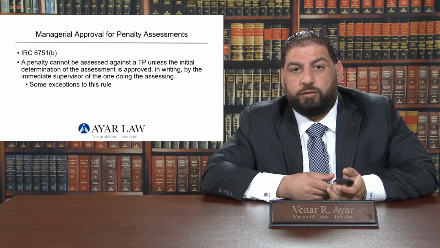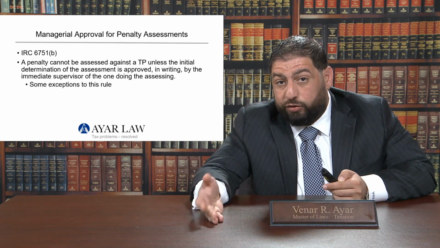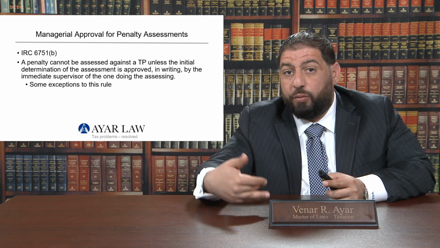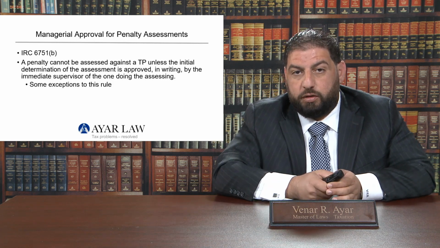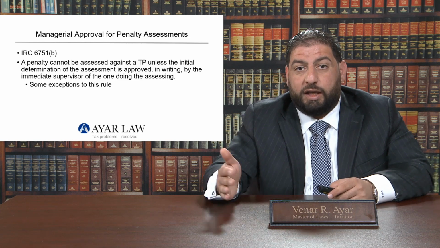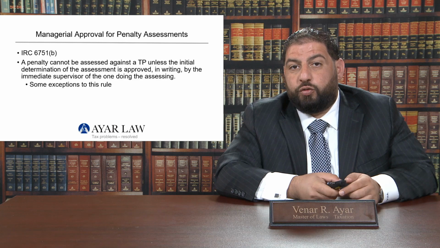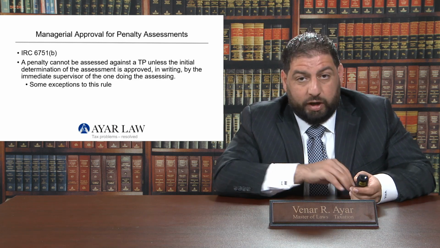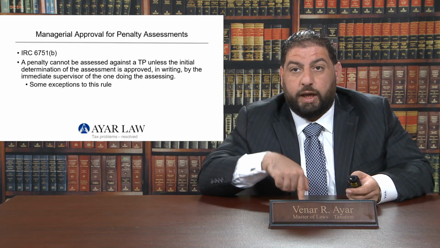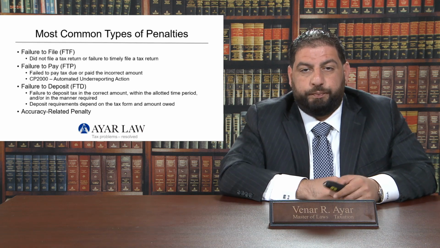Managers don't need to be involved in that, but manager approval is required for any accuracy-related penalty or any human-assessed penalty. If you can show that the manager approval was not obtained in advance of the penalty, then you can get the penalties thrown out. That's what the Graev v. United States case was, a very monumental tax court case.